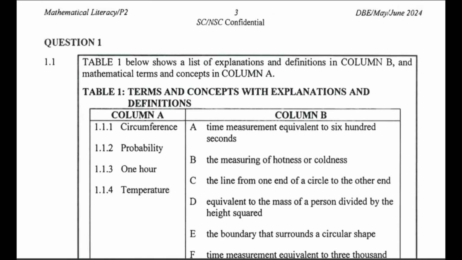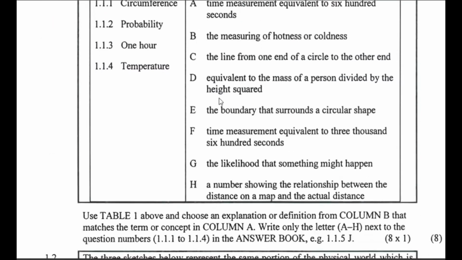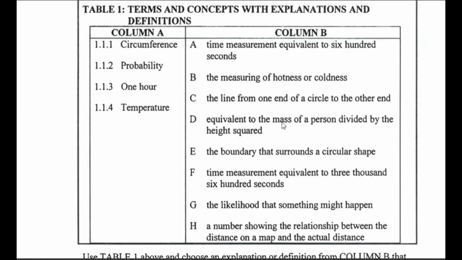Question number 1, we look at a table. Table 1 below shows a list of explanations and definitions in column B, and mathematical terms and concepts in column A. So now we're going to match. The moment you see a table like this, we match and find out which one is the right answer to each section.